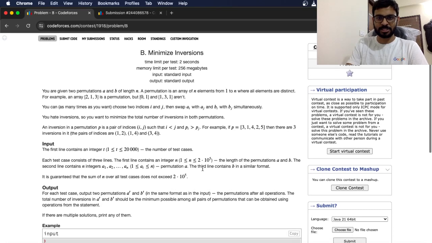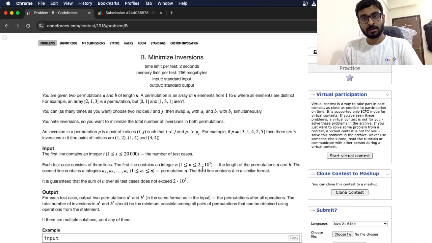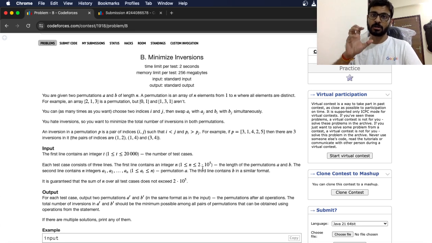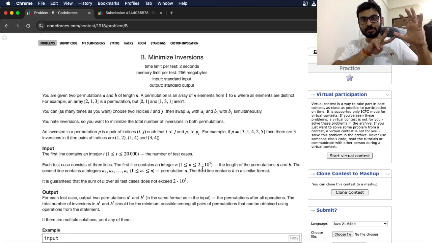That being about inversions, many of you might be aware of sorting techniques where we somewhere deal with inversions or count of inversions, etc. Bubble sort is one sort where we rectify one inversion at a time. So we have an unsorted array. In bubble sort, we rectify one inversion at a time.